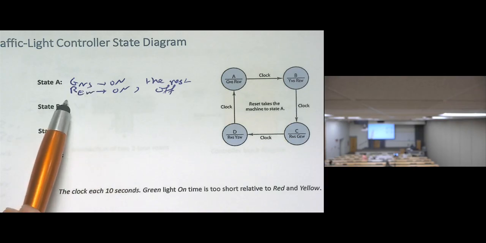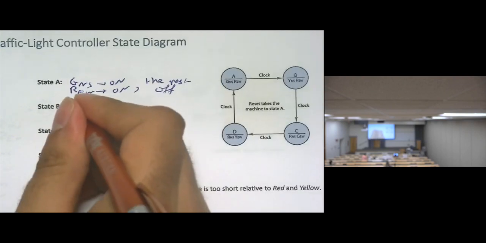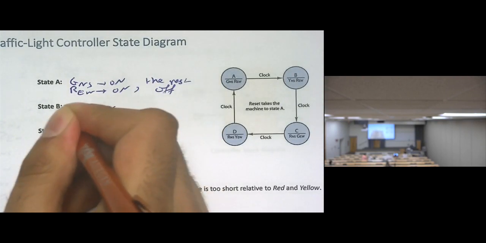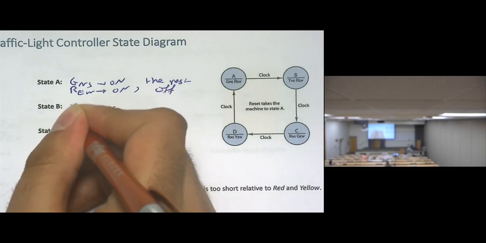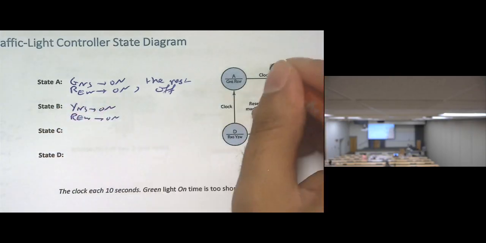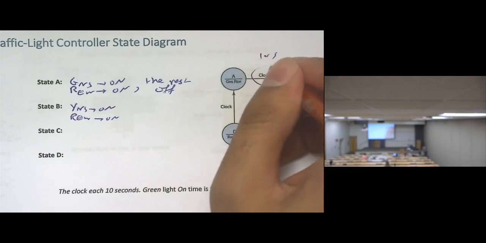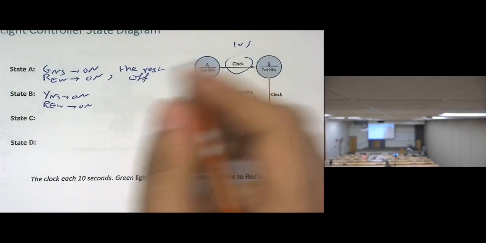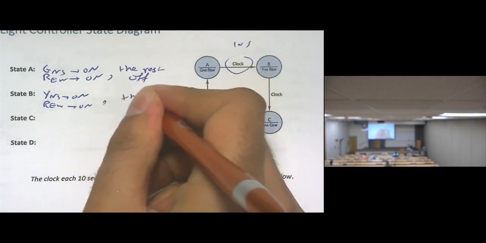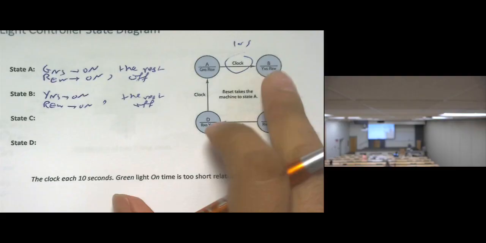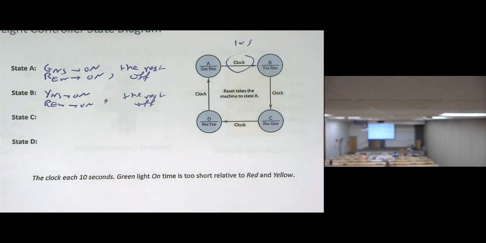So yellow north-south should be on, and the other side, of course, must be red. This happens after the clock, which is after 10 seconds. I assume that each clock happens after 10 seconds. So I move to state B, and the rest are off. It will continue in yellow for 10 seconds.